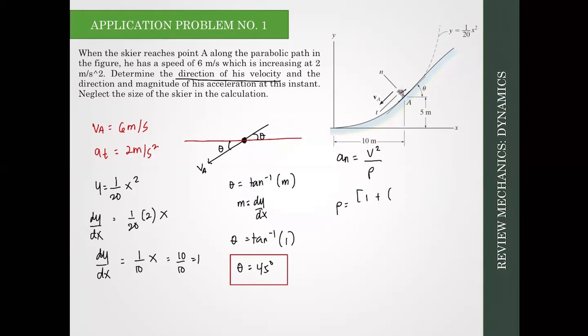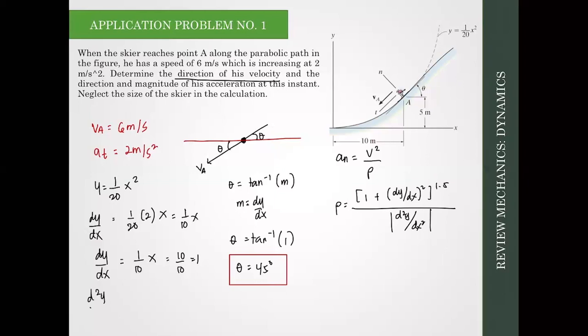So this is 1 plus dy over dx squared, to the 3 halves or 1.5, over the absolute value of the second derivative, d squared y over dx squared. Okay? So we already got dy dx earlier, which equals 1 over 10x. So let's take its second derivative with respect to x.